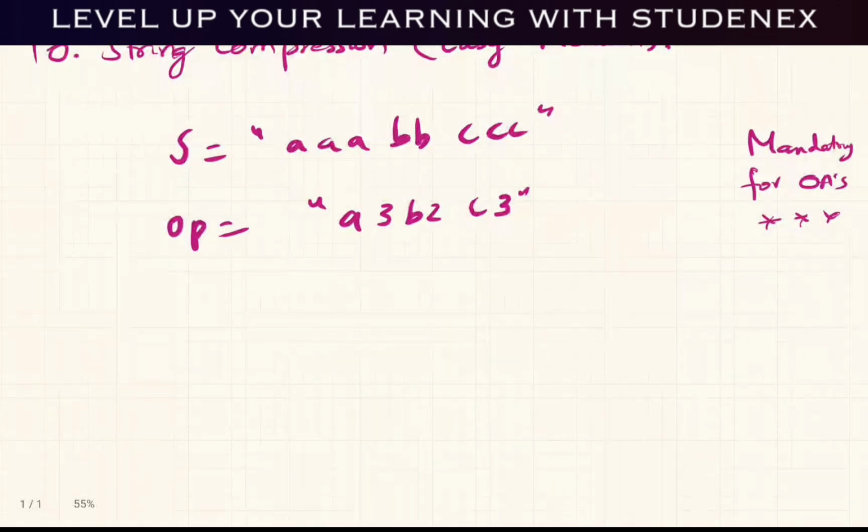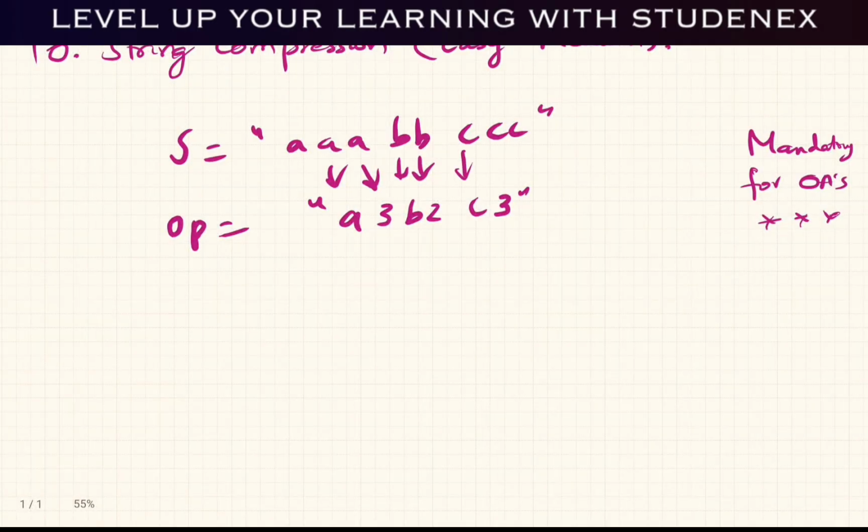So I will take that particular character, and I'm gonna just add how many times that particular character has been repeated in that string. Same thing goes on. If a new character appears, I'll just take that particular character and give the count of how many times it has been repeated.